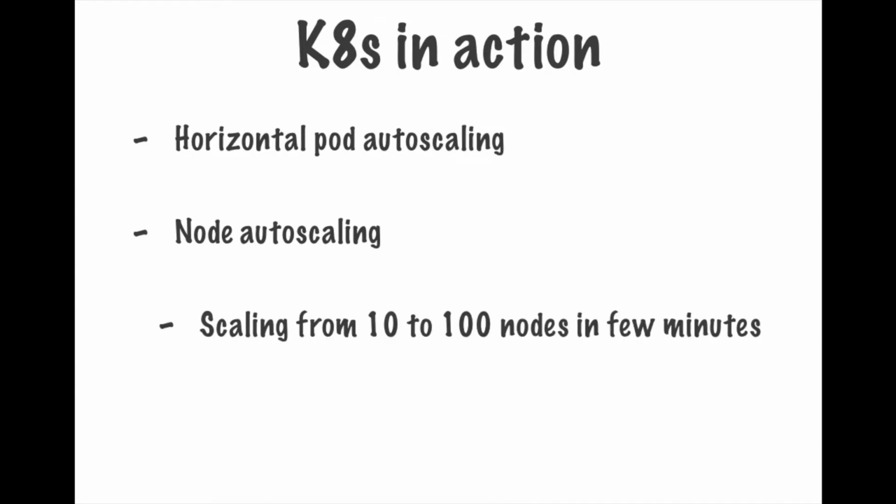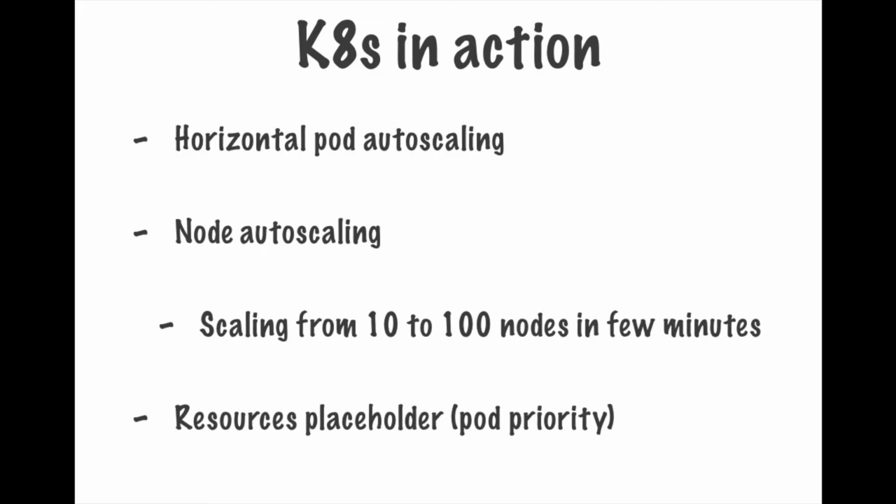At least on GCP, scaling from 10 to 100 nodes works in a few minutes, and we didn't see any issues. What else we introduced is what we called a resource placeholder. Last year we had some issues with node autoscaling, and we are not trusting it so much.